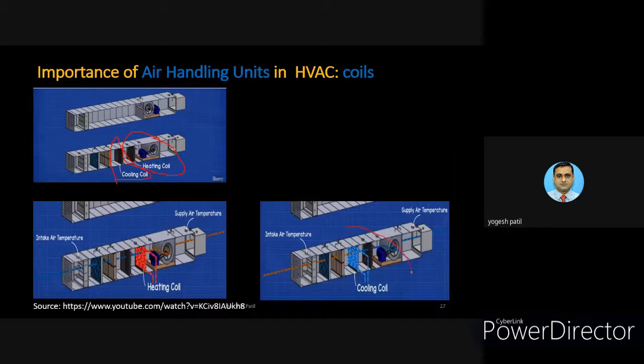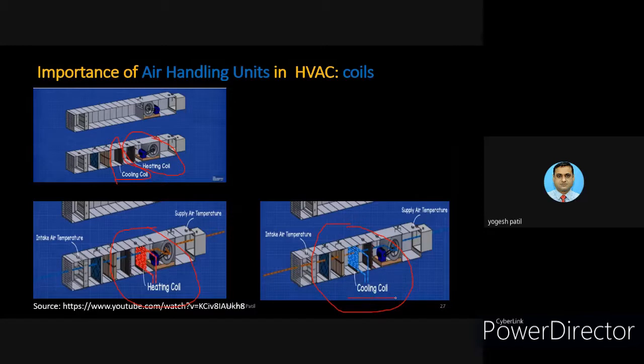Now, this cooling coil and heating coil sections are actually connected to the external HVAC system, the heating, ventilation and air conditioning system, so that this particular inlet is coming from the chillers.